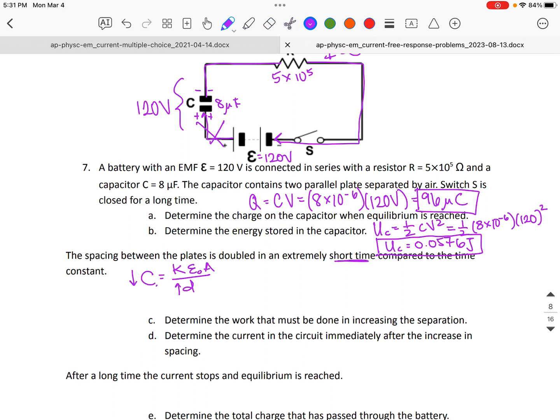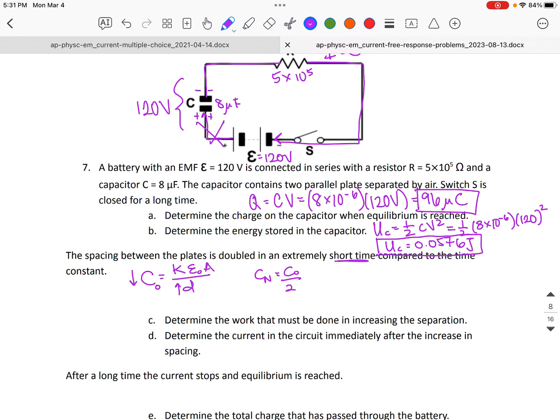So the new capacitor, let's put C new, is going to be, sorry, not double, half: C naught divided by 2. Okay. After a short time, we need to think about how my circuit is going to react.